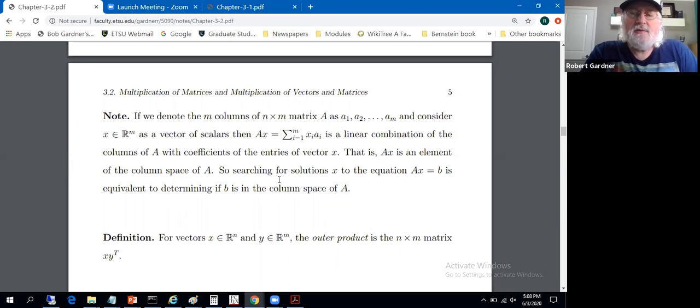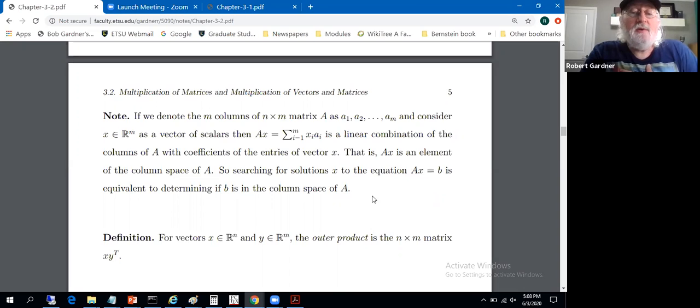This gives me kind of a link between column spaces and systems of equations. If you're looking for solutions x to the system of equations, Ax equals b, you're probably used to having little arrowheads over the x and the b, but not in here. But you write systems of equations in terms of matrices and vectors like this.